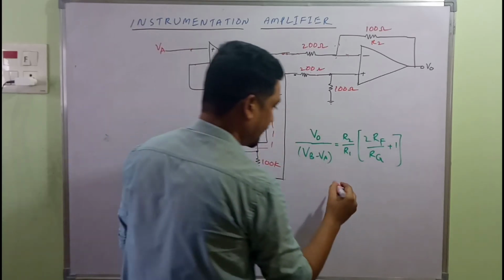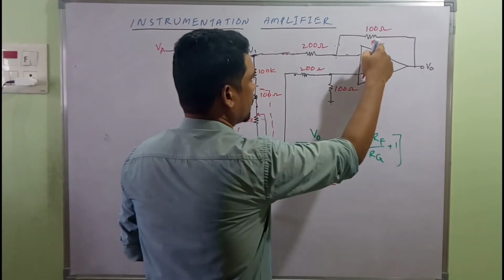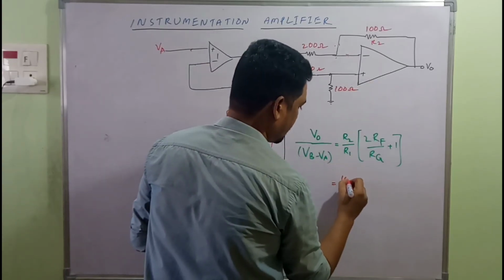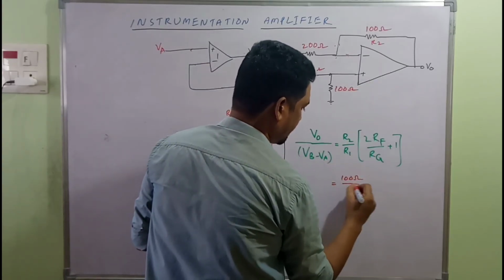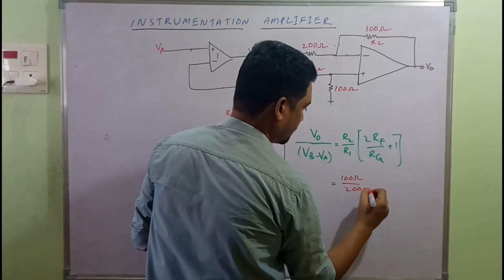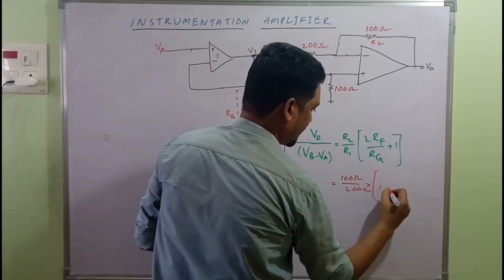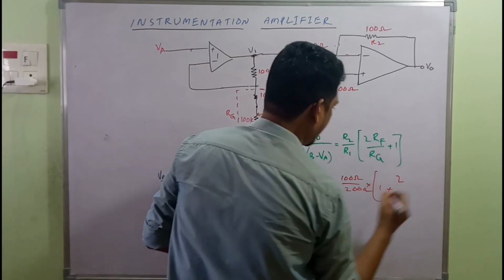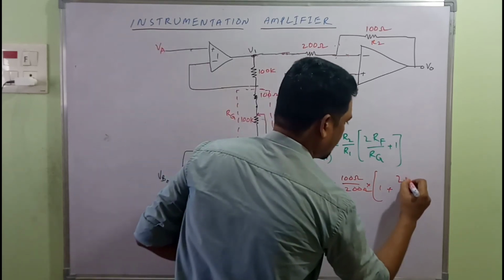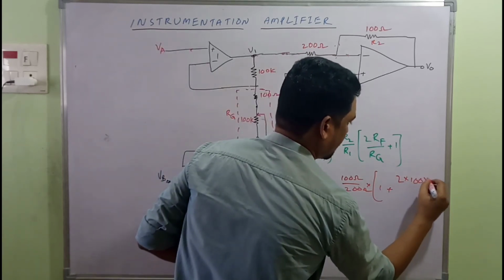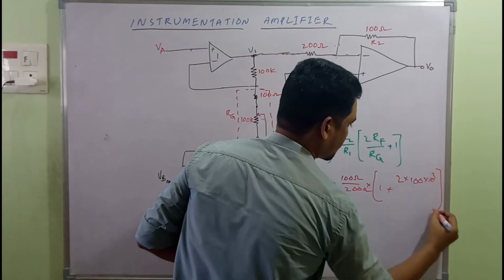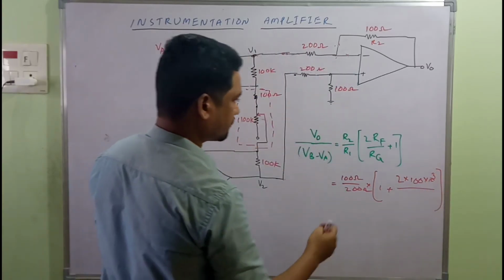So substituting those values, what will we have? R2 is this one. So 100 ohm by 200 ohm into 1 plus twice of RF, which is 100 into 10 raised to 3 because of kilos, by RG.